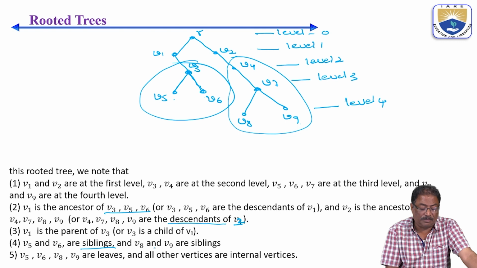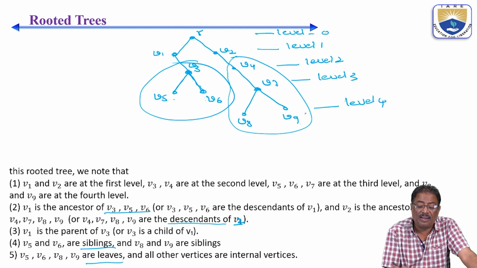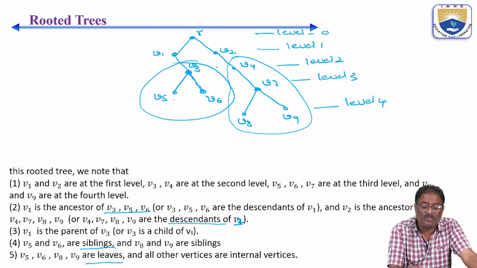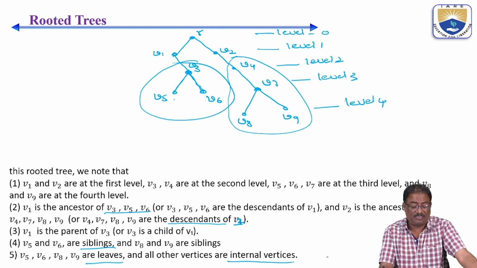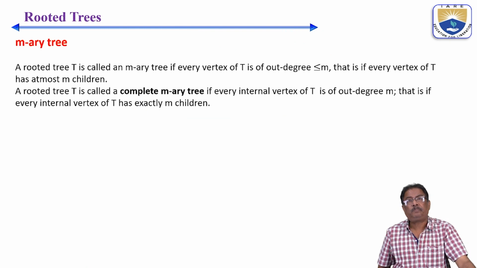Okay. And next, V5, V6, V8, V9 are leaves. Other than the leaves and other than the root node, the remaining are internal vertices. All others are internal vertices.